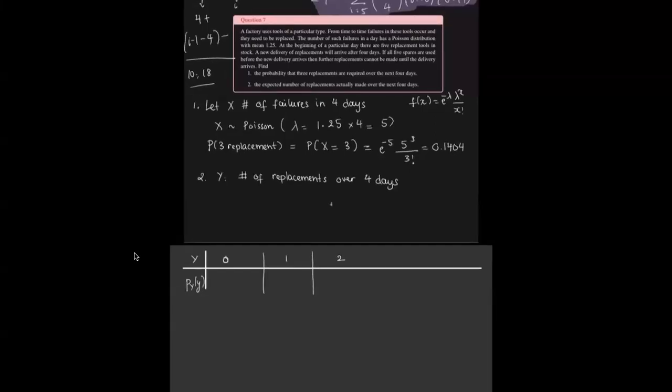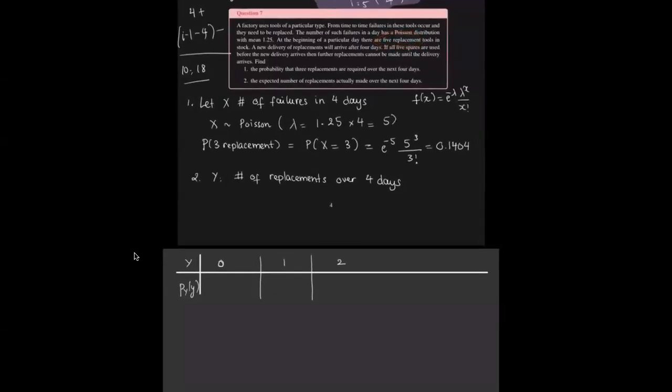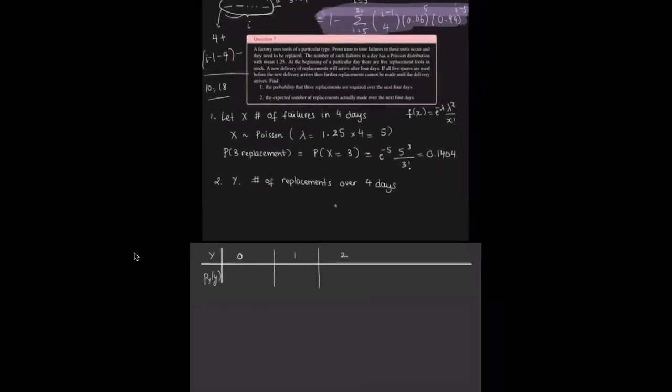So the number of replacements needed over the 4 days, the minimum is 0. And then 1, 2, let's see. So they tell us that there are 5 replacements in total. So the maximum number of replacements is 5.